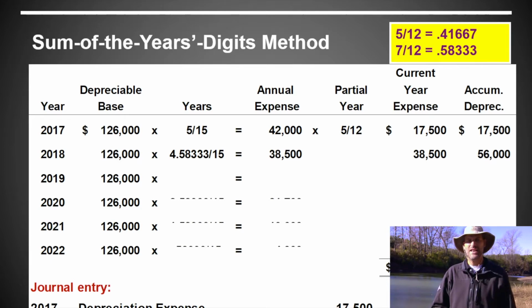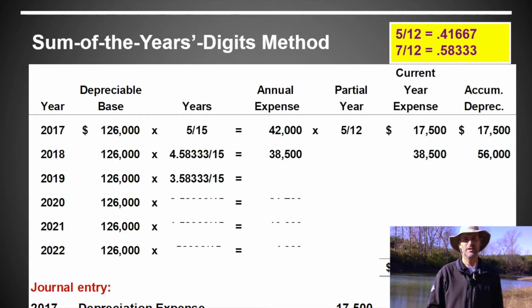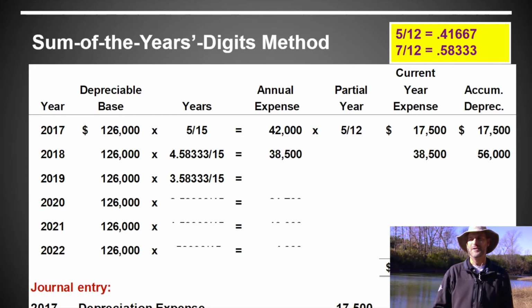Now, again, that was multiplied times its depreciable base. As we move on to the next period, we take the depreciable base and multiply that times 3.58333 over 15, which is, again, 3 plus the 7/12 of a year that we keep dragging every period, which is the remainder from the fact that we only had 5/12 of the year the first time.